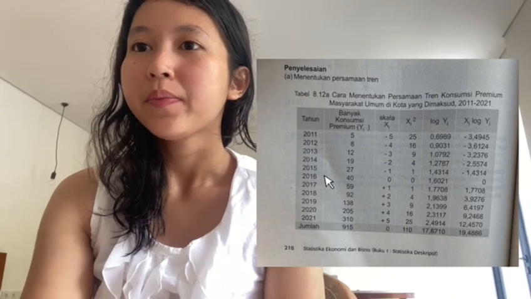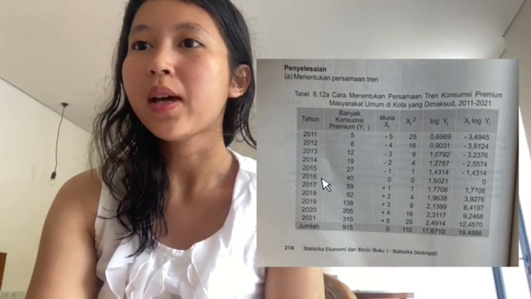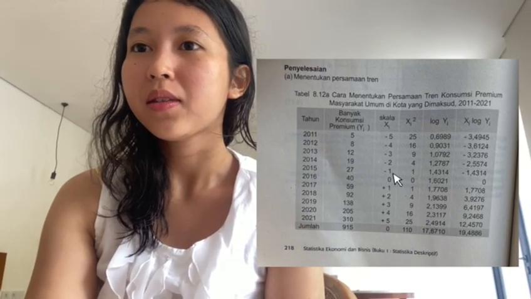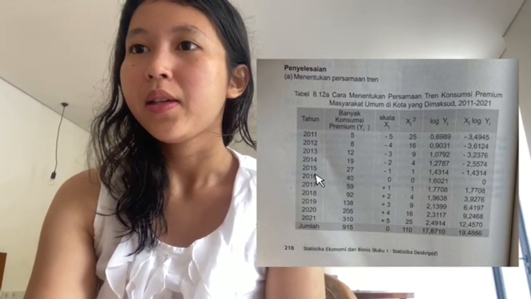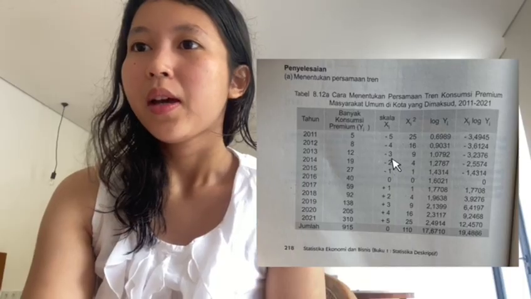For example, 2015 minus 2016 gives us minus 1. And 2014 minus 2016 is minus 2, and so on.